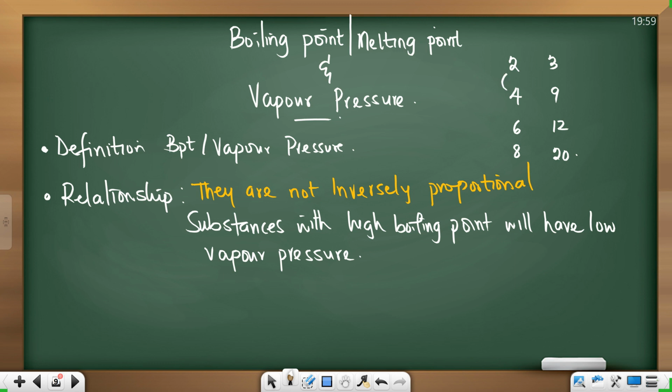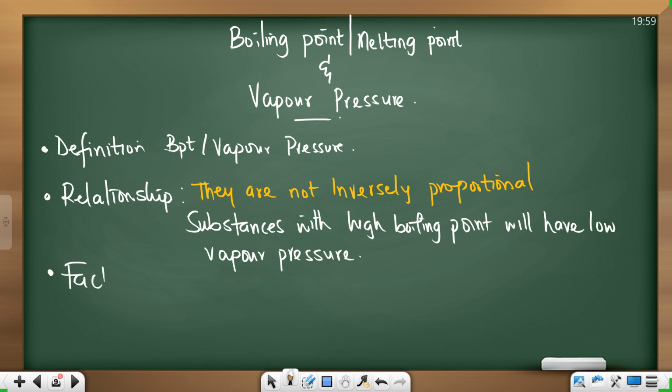If you notice, this one keeps increasing by 2. This one increases by 6 here. Then it increases by 3. So you see, I don't know if you get what I'm trying to say. That is what we mean by proportionality. If there is no constant value of increase or decrease, then we cannot use the word proportional. So they are not inversely. But as one increases, the other one decreases. I hope you got it right. You would have lost a mark by saying they are inversely proportional.